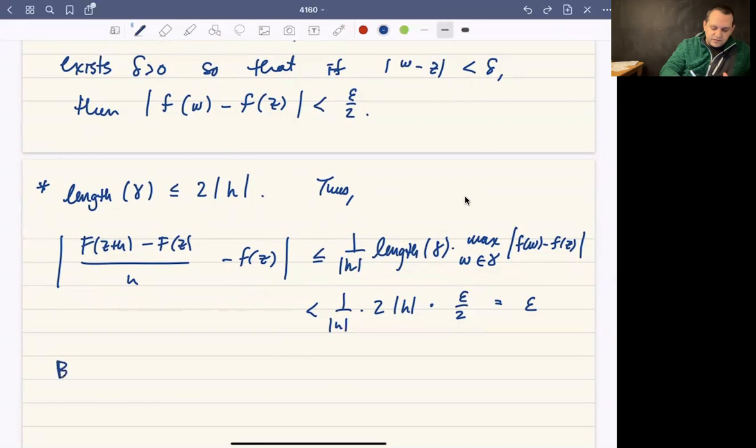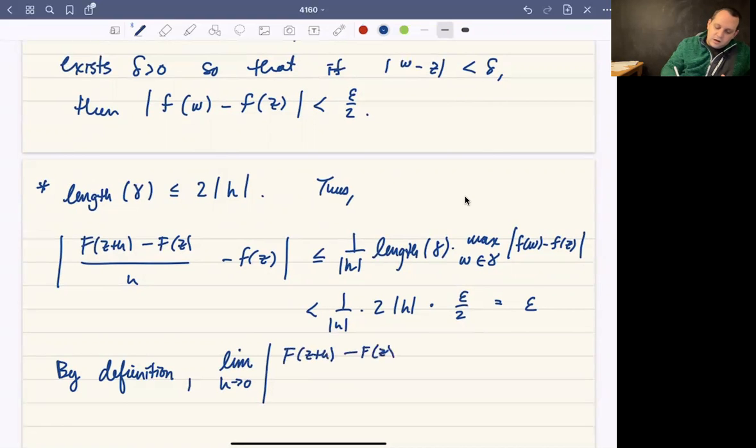So by the epsilon-delta definition of a limit, this tells you that the limit as h goes to 0 of the modulus of capital F of z plus h minus capital F of z, all over h, minus little f of z, is 0.